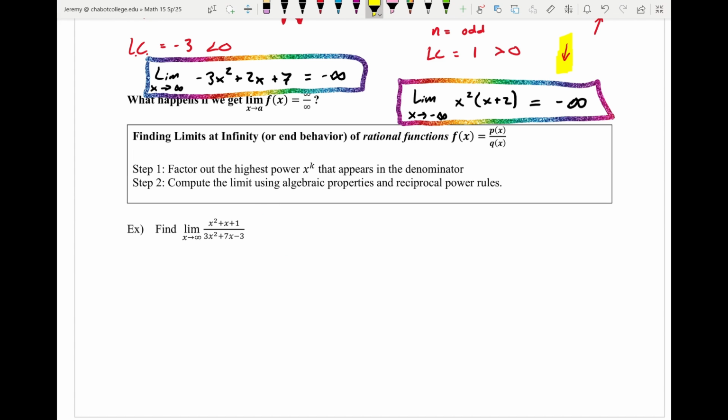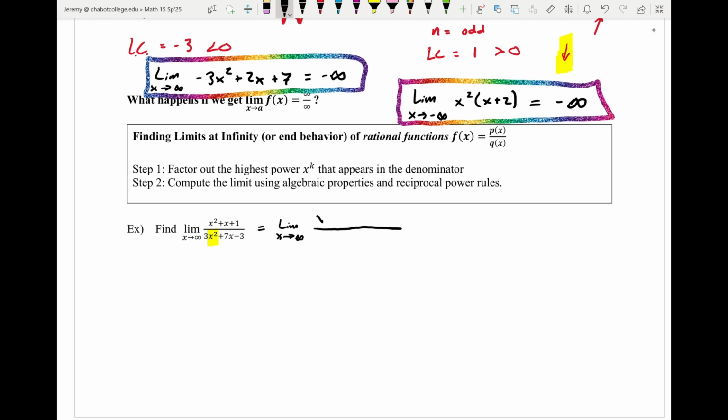Since we're in that situation, the highest power x to the k in the denominator is x squared. So here's what I will do. I'm going to factor out an x squared from the numerator and denominator. Here's what it'll look like. We're still looking at the limit as x goes to infinity.